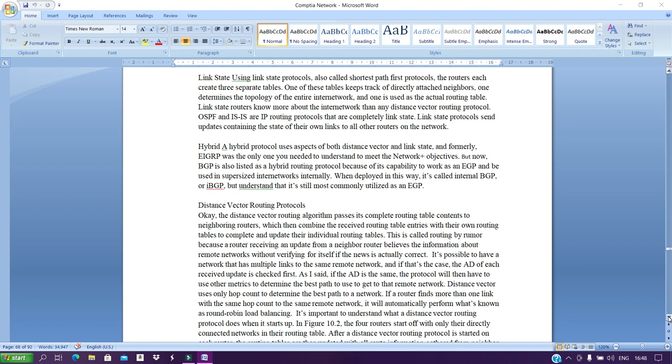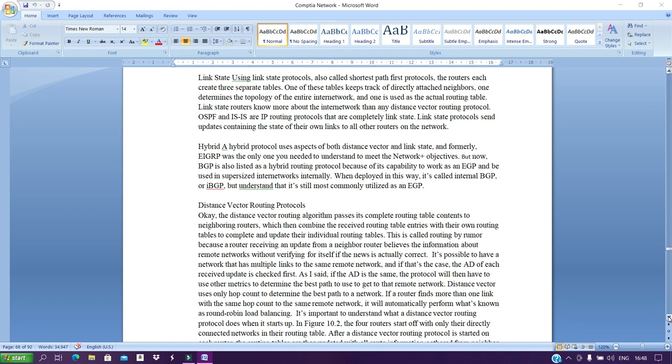Hybrid. A hybrid protocol uses aspects of both distance vector and link state. Formerly EIGRP was the only one you needed to understand to meet the Network Plus objectives, but now BGP is also listed as a hybrid routing protocol because of its ability to work as an exterior gateway protocol and be used in supersized networks internally.